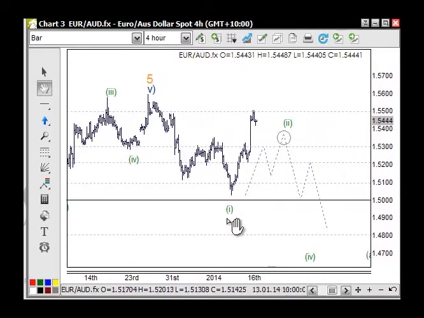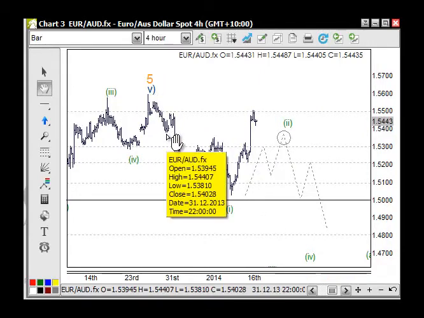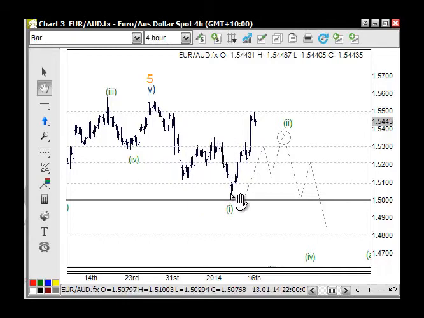Now, what we were looking for yesterday, considering this as 1, 2, 3, 4, 5 here.